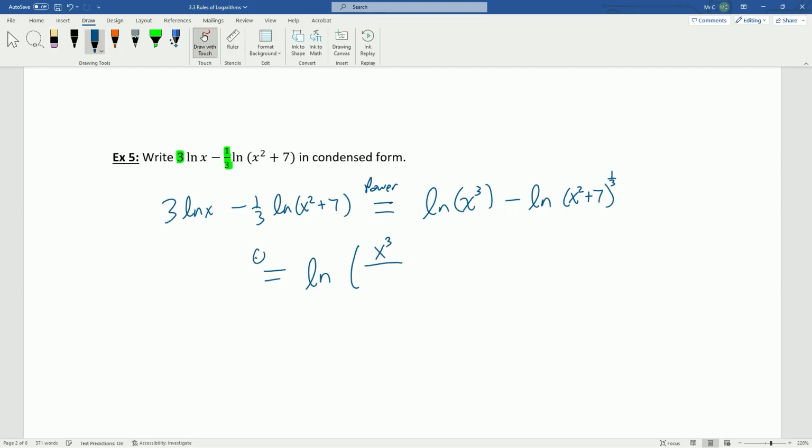And now we can apply our quotient property. And since we've got the difference between these two logs, we can move this into the quotient inside. And this would be fine, but this 1/3 power, again, you're often going to see this rewritten as the third root, or the cubed root.